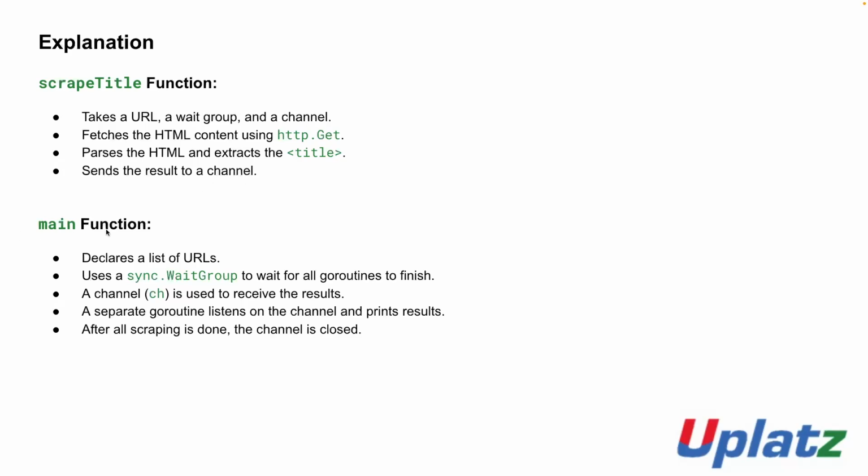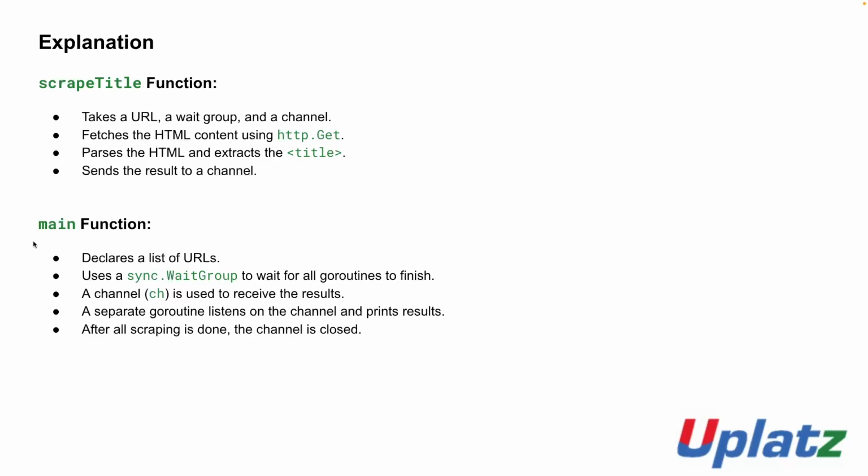The main function declares a list of URLs and uses a sync.WaitGroup to wait for all goroutines to finish. A channel, that is ch, is used to receive the results. A separate goroutine listens on the channel and prints results. After all scraping is done, the channel is closed.